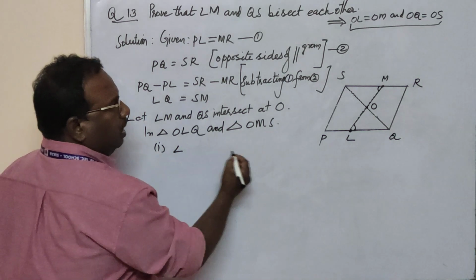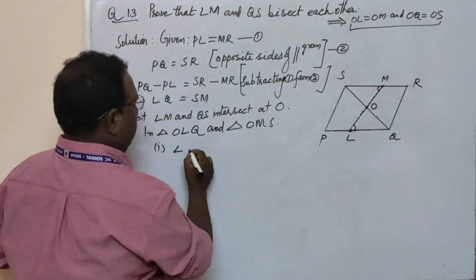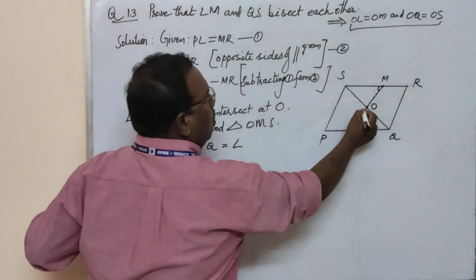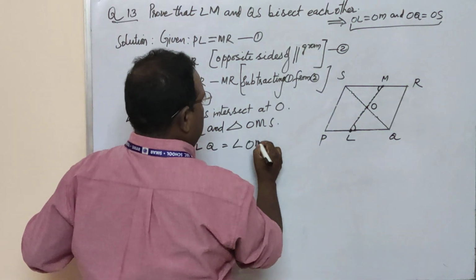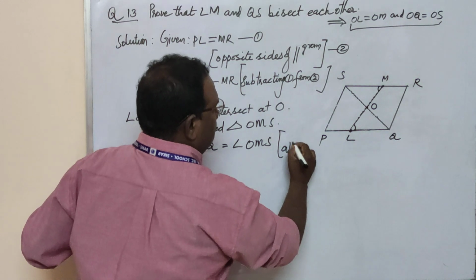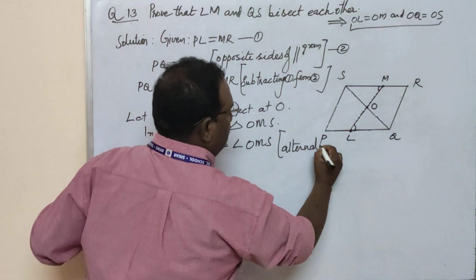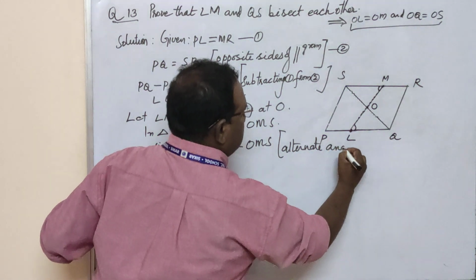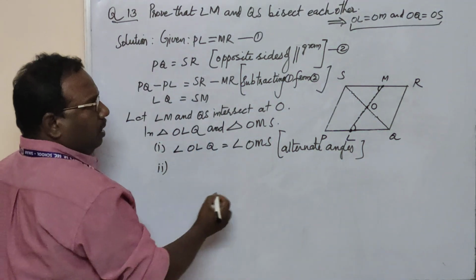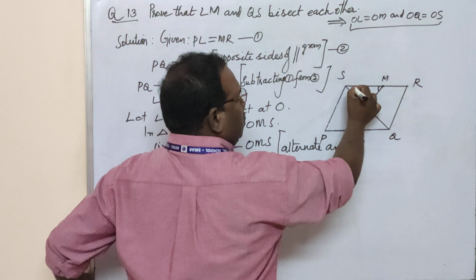Angle OLQ is equal to angle OMS. Reason: alternate angles. Second point, these two angles are also equal.